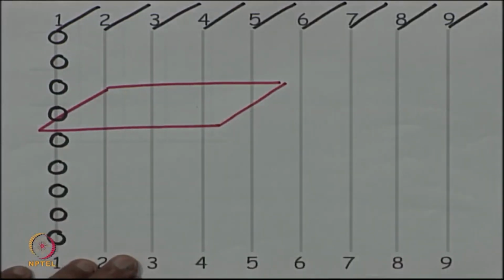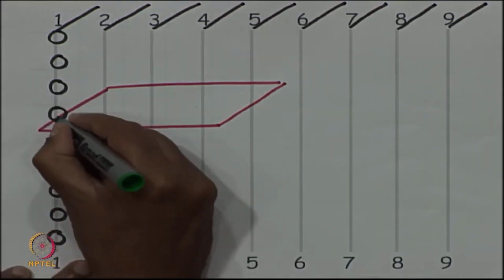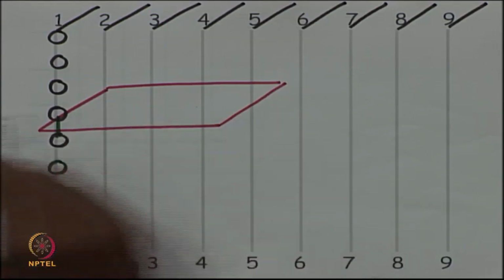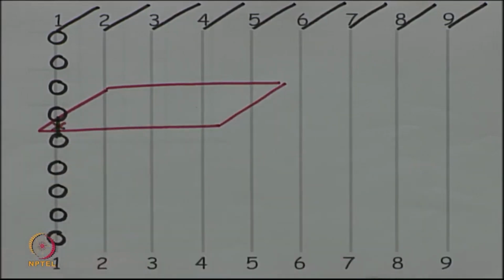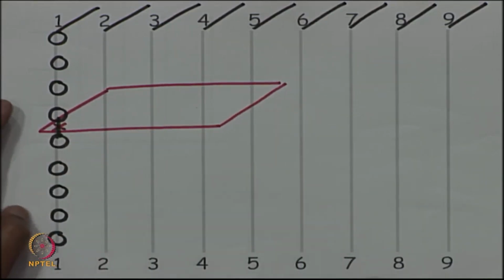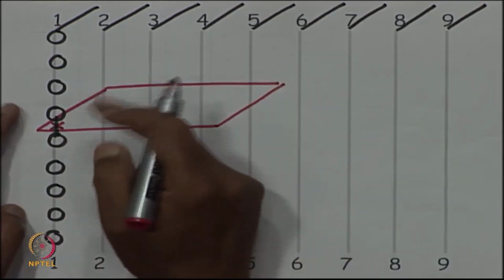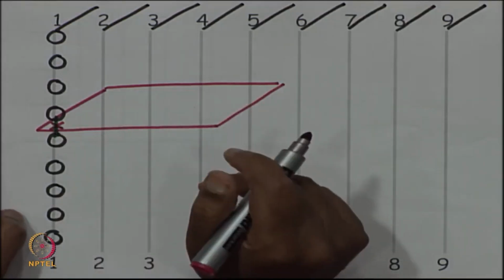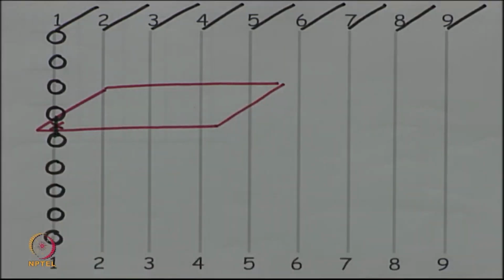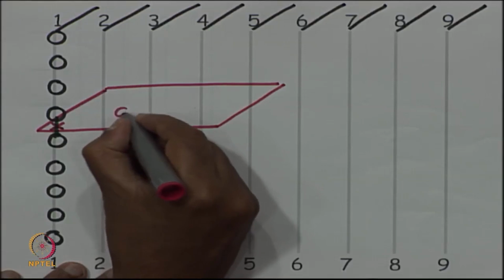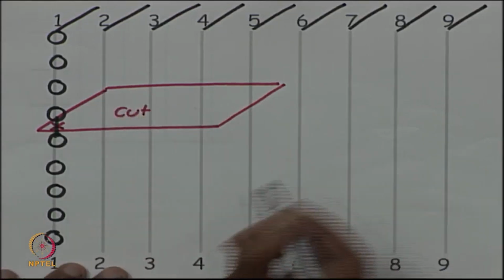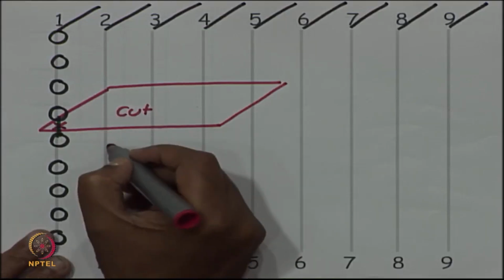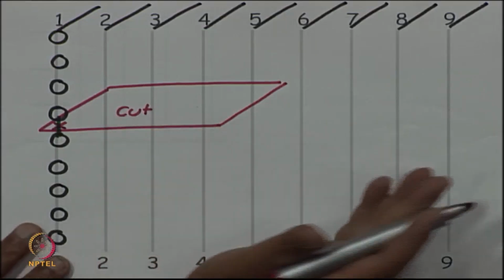So, for example, this bond, one of the atoms was above the plane, the other was below the plane. This bond is cut by the plane which I have introduced. So, for all these atoms across this plane the bonds are broken. So, this is what is meant by this cut. If there was any bond going through this plane, that bond is cut.